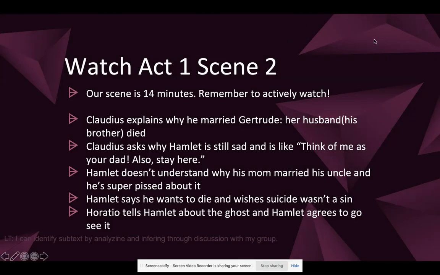So we're going to watch Act 1, Scene 2, and then we're going to practice the subtext with that scene, all right? So here's what's happening. In this scene, Claudius, remember that's Hamlet's uncle, explains why he married Gertrude. He says he married her because her husband, Hamlet's dad, Claudius's brother, died, and they were both really sad and they needed something to make them happy. So he makes this whole big speech about this.